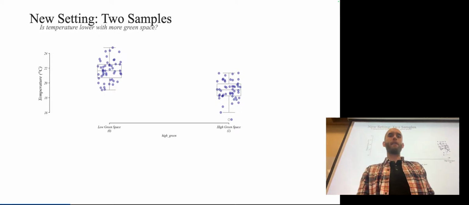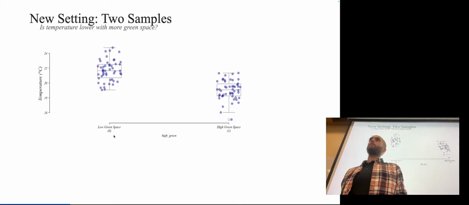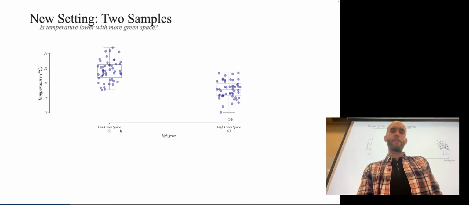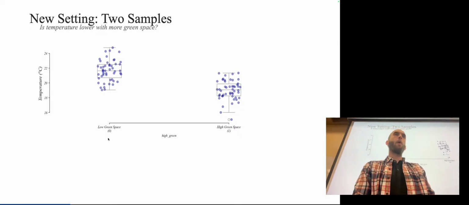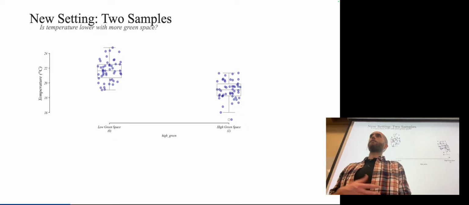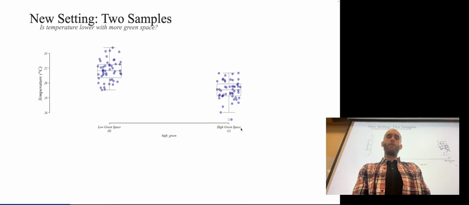On the horizontal axis, we have a binary categorical variable, either 0 or 1. If it's 0, it's representing low green space, so neighborhoods with fewer trees and grass and such. And then we also have neighborhoods with high green space.